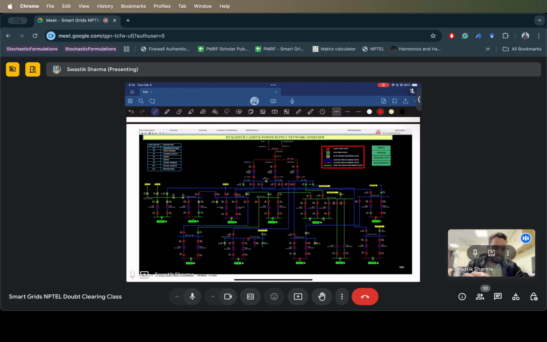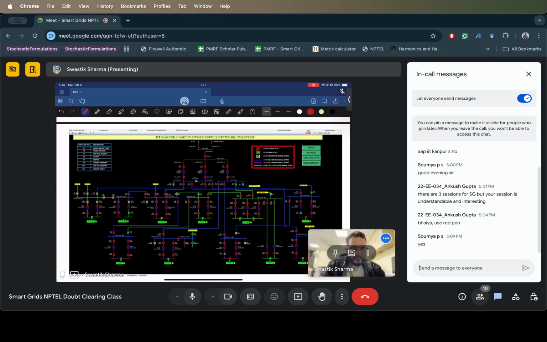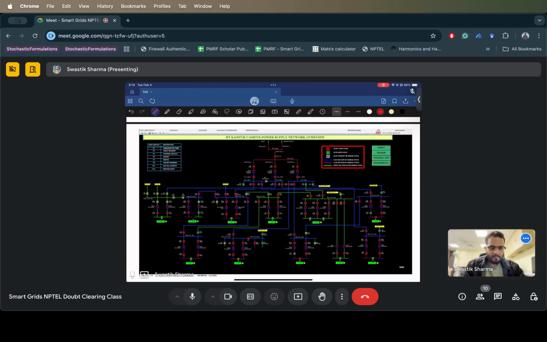So I'm audible, right? I think I'm audible. So what kind of distribution system is this? Is it only radial or is it loop or is it meshed? That's what I'm talking about.